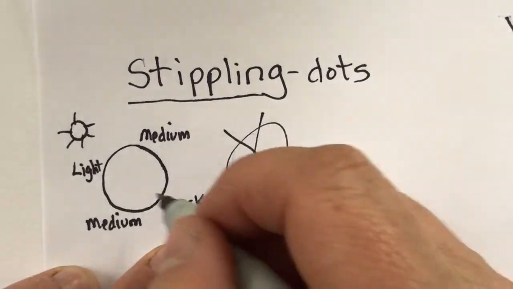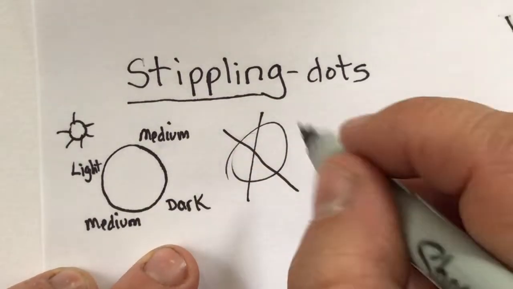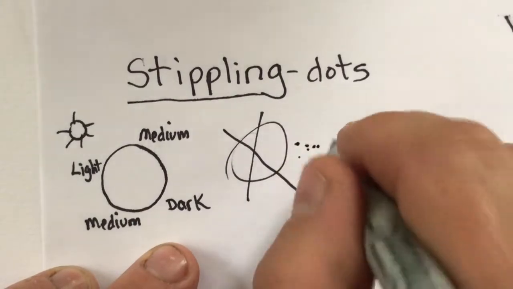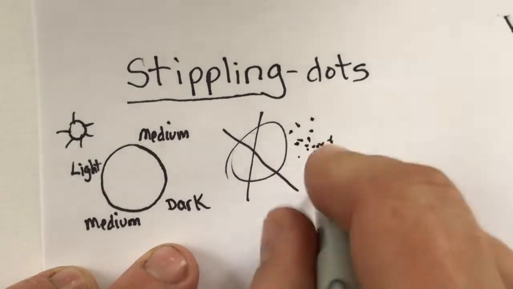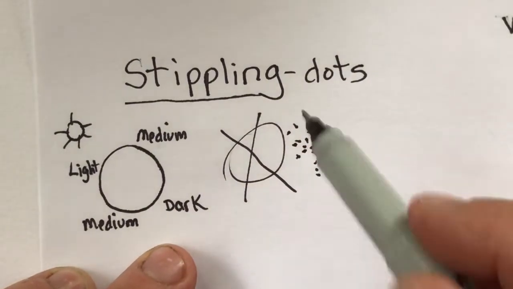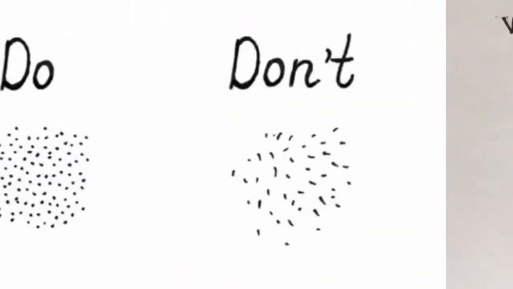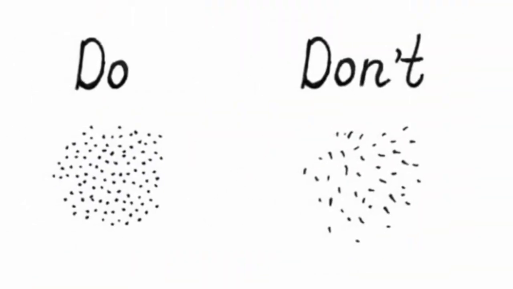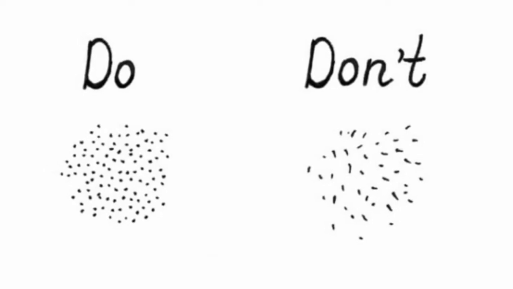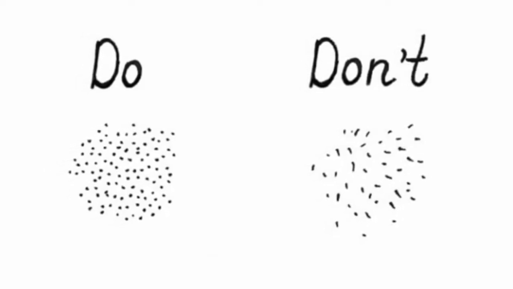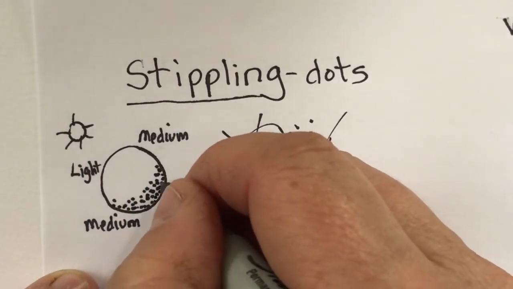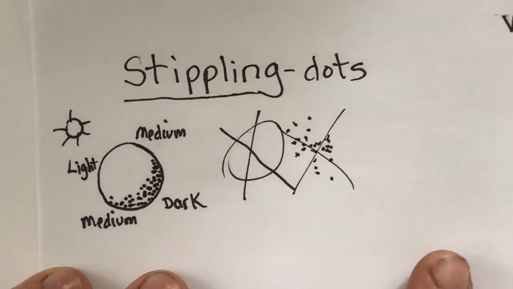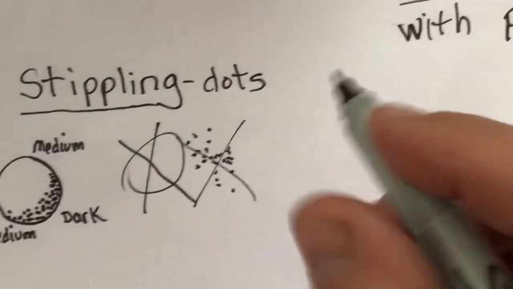We're going to use dots to create form. What we don't want to do is this. See how it's sloppy and not controlled, and we're not doing this either. We're going to focus with dots close together. So we're going to talk about that word value again.